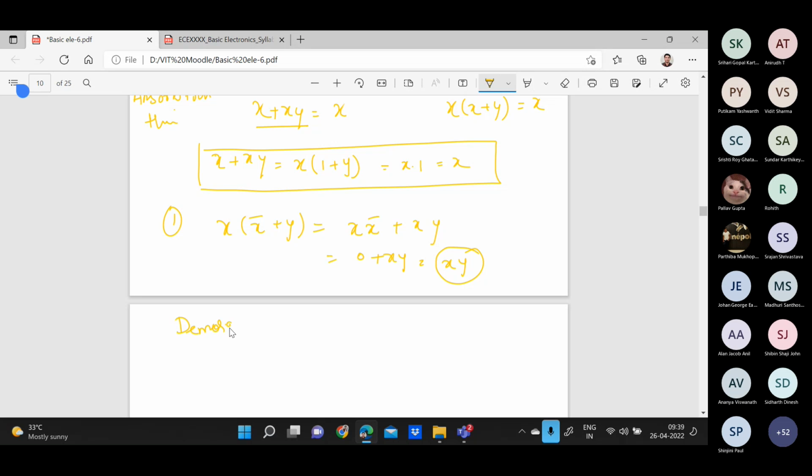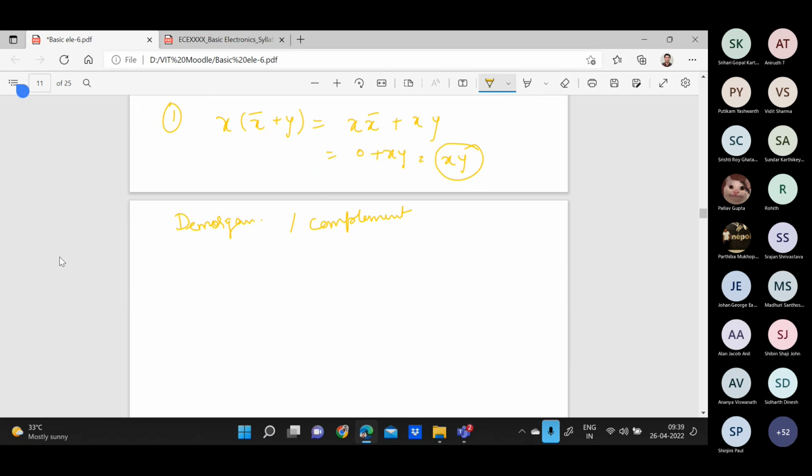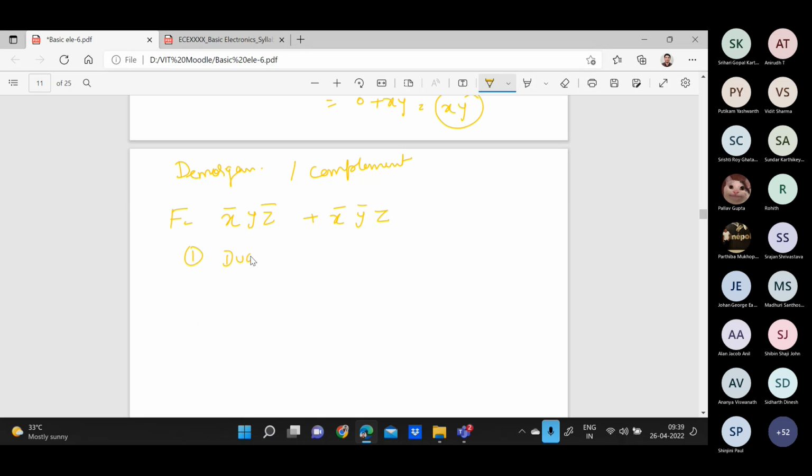Now, what is De Morgan's theorem? De Morgan's or complement, both are the same thing. If any function is given to us, like f equals x bar y z bar plus x bar y bar z, the first step you can do is duality. What is the meaning of duality? It means change of operator.